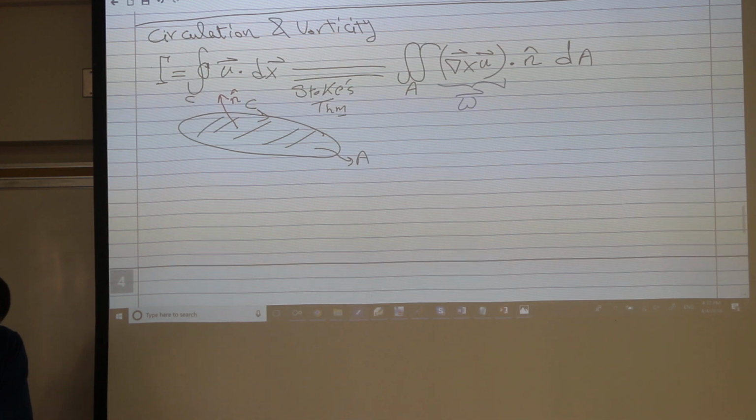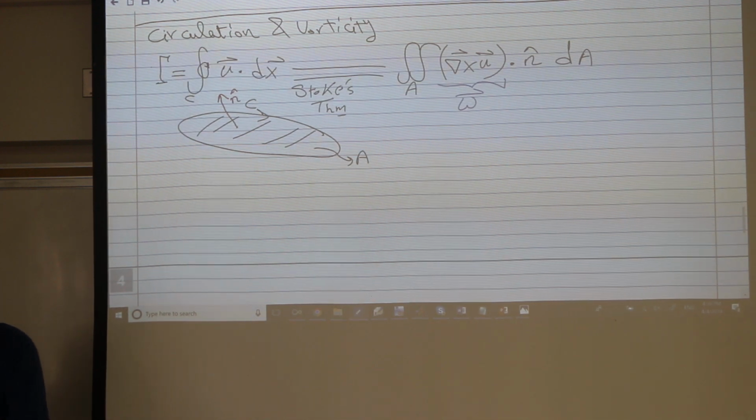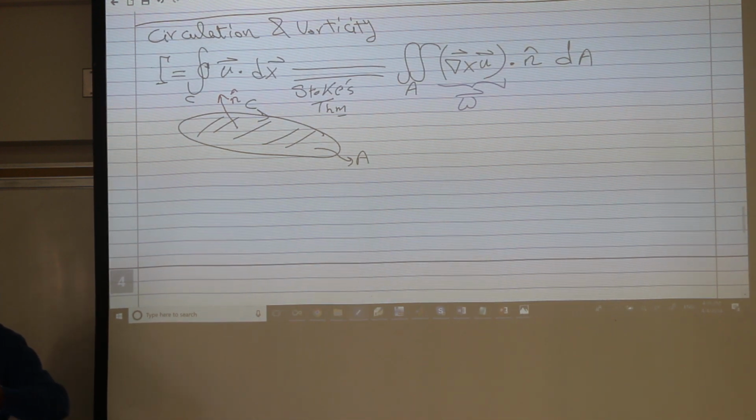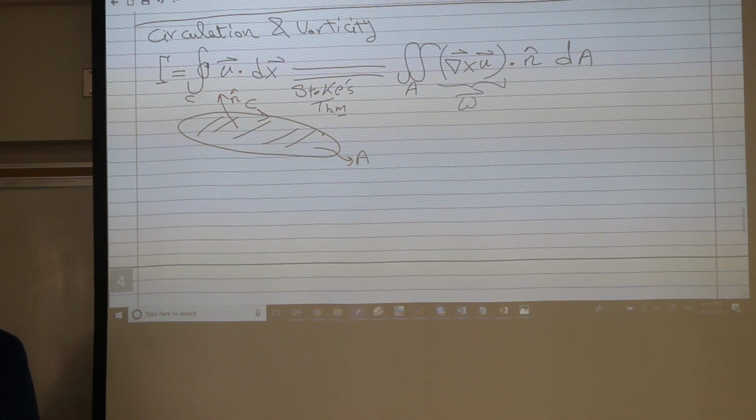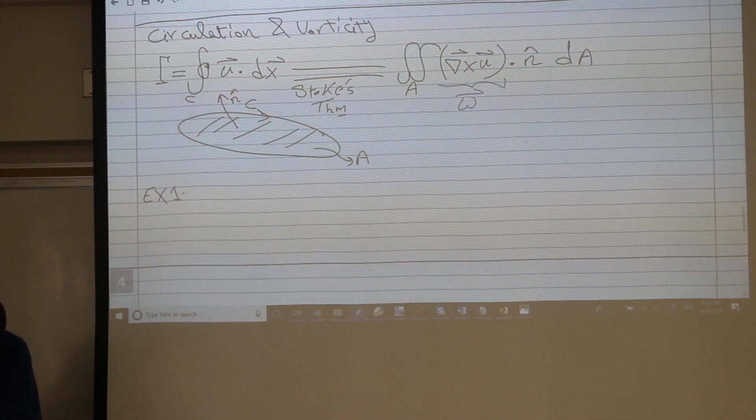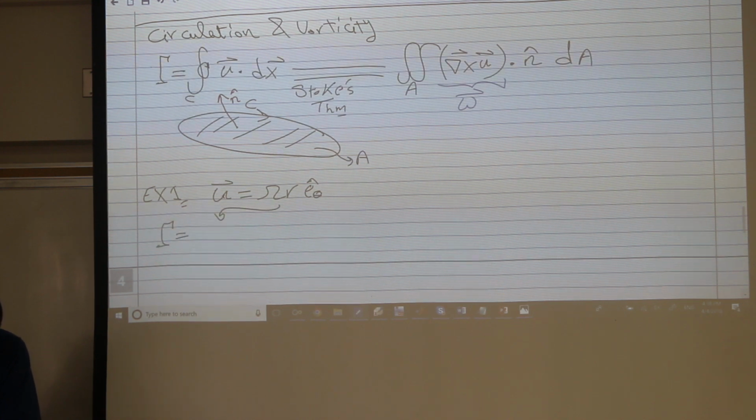So let's do it for example 1, where the flow was completely tangent, the rigid body flow, omega r in the e theta direction. Let's do it from the basic definition of circulation. Let's take a circle and integrate over theta from 0 to 2 pi.